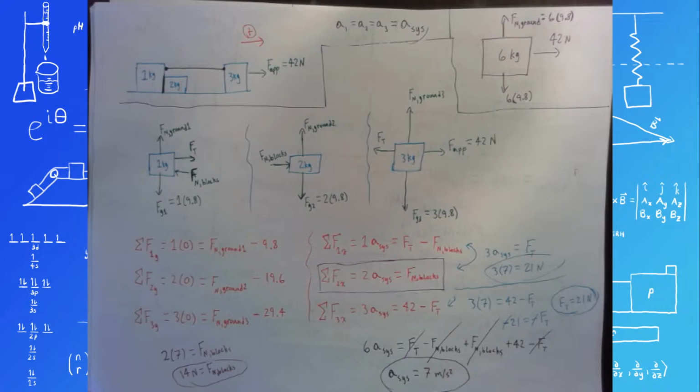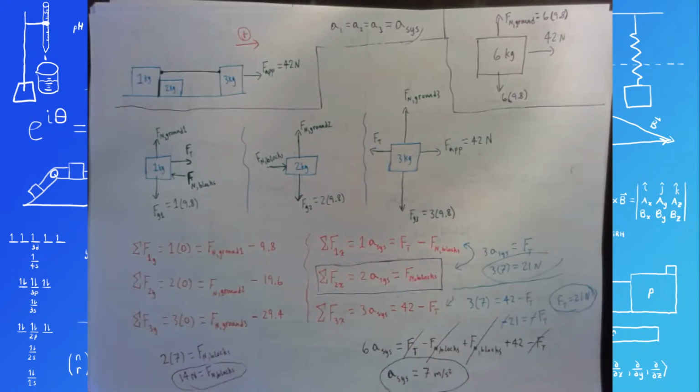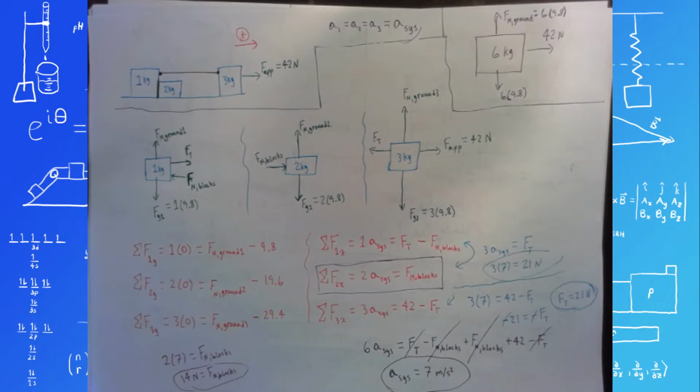So don't get too excited about condensing everything into a single object just yet. Use it as a way to check your work. Use it as a way to quickly just get a feel for what kinds of numbers you should be expecting to see.